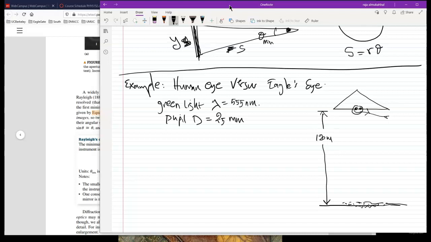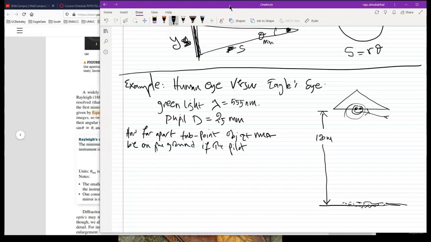The question is, how far apart must 2-point objects be on the ground if the pilot, if you, that is, this is the pilot right here, is to have any hope of distinguishing between them.